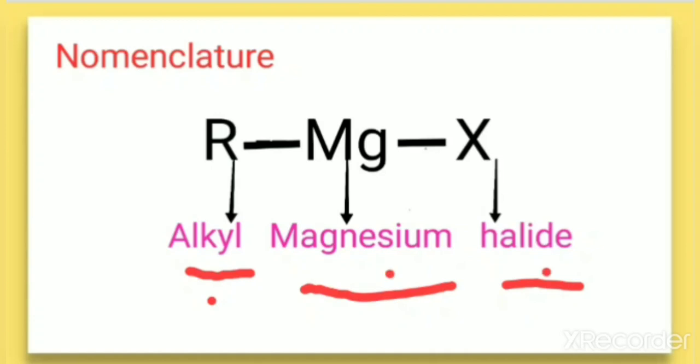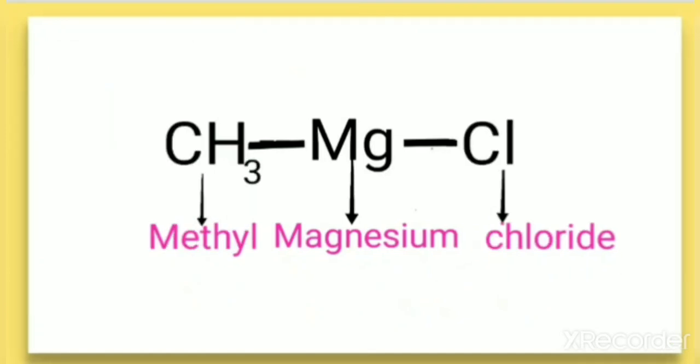Let us take a particular example for naming. CH3MgCl. Here R is a methyl group. So instead of saying alkyl, we'll use the particular word, that is methyl. CH3 is methyl, Mg is magnesium, Cl chloride. So if CH3MgBr is there, then how do we name this one?